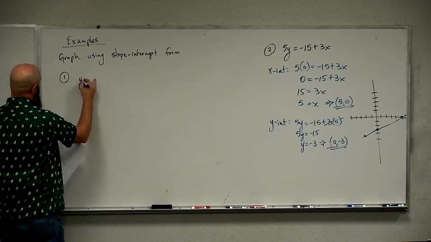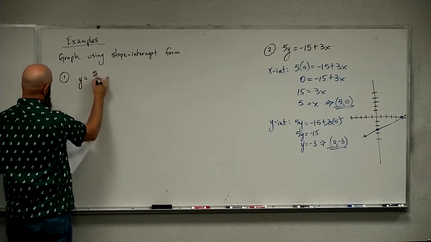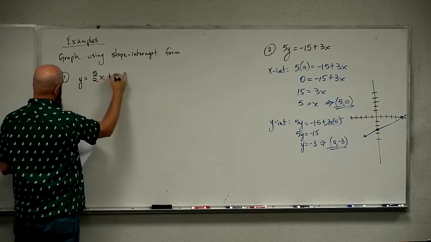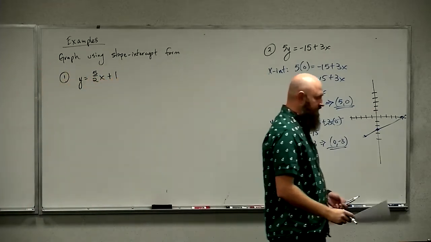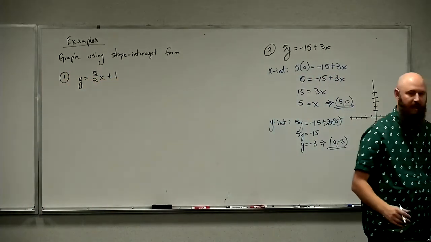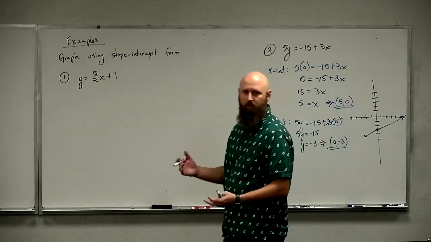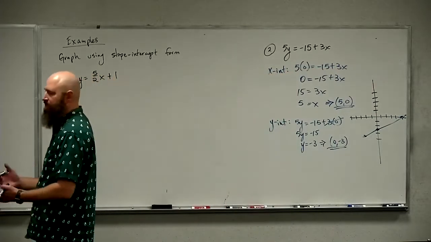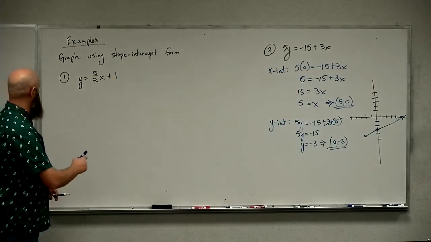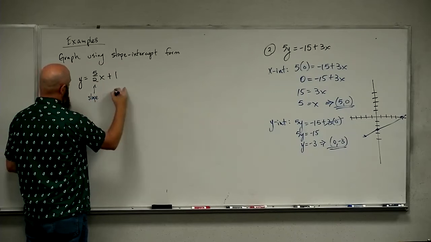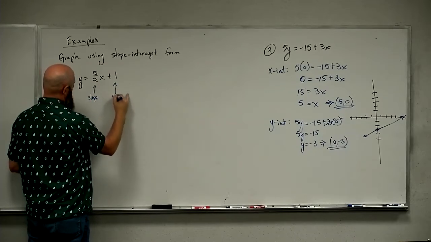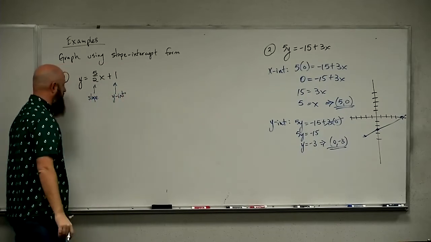So our first one, y equals 5/2x plus 1, right? Now, the good thing here is that if I get it in this form, y equals mx plus b, it gives me information. It gives me the slope, and it gives me the y-intercept, okay?